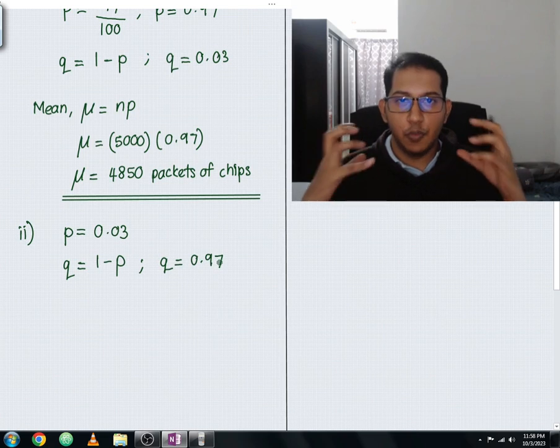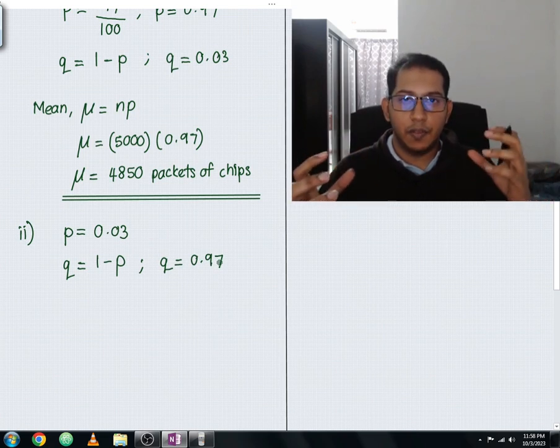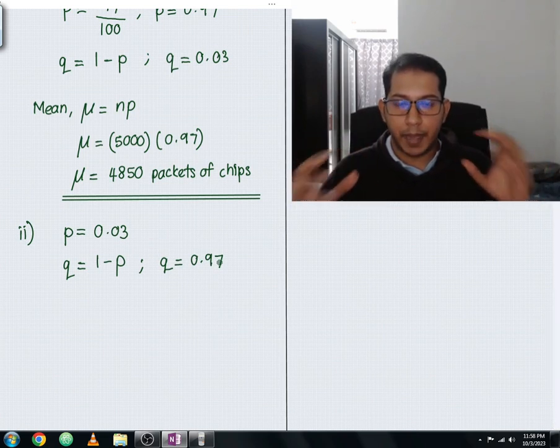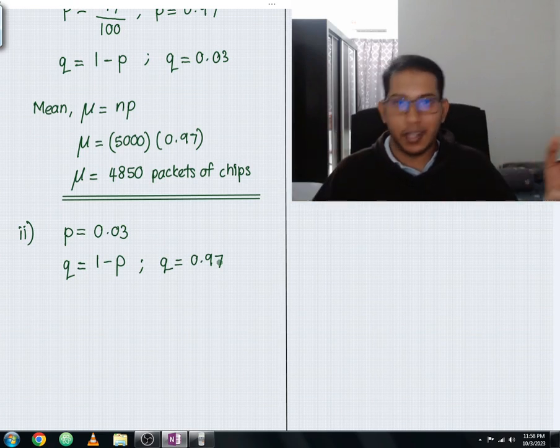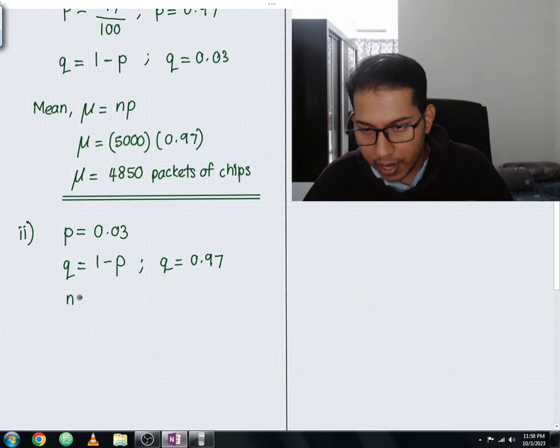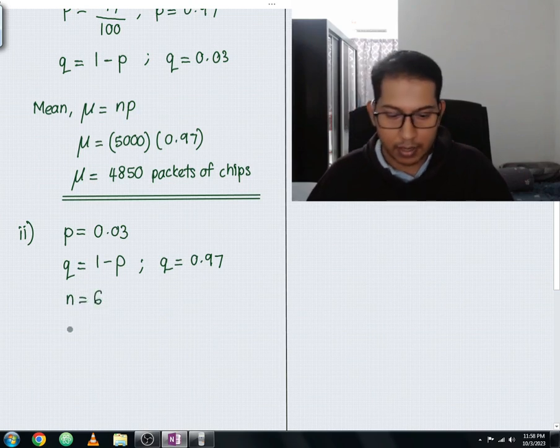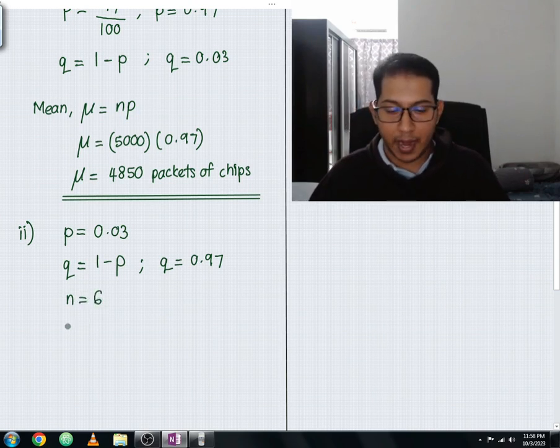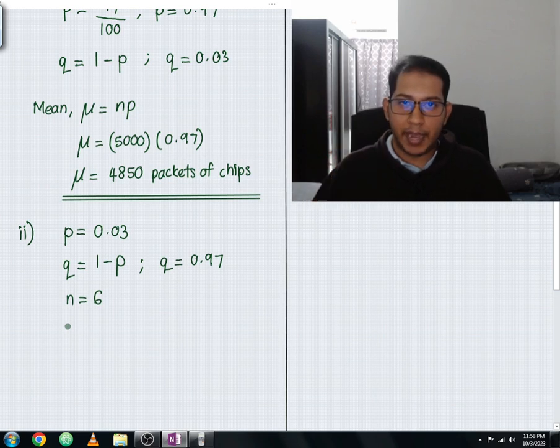This time you want to find the probability of the packet of chips which is out of range. The question already highlighted that the number of trials is 6, and we want exactly 2 packets of chips which are out of range.